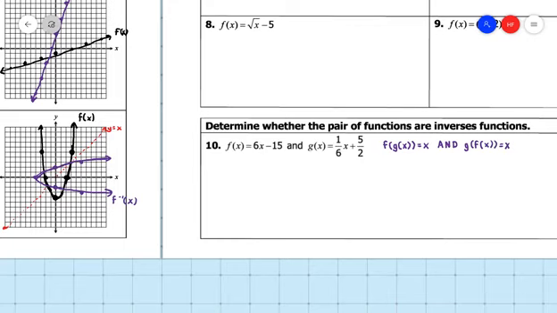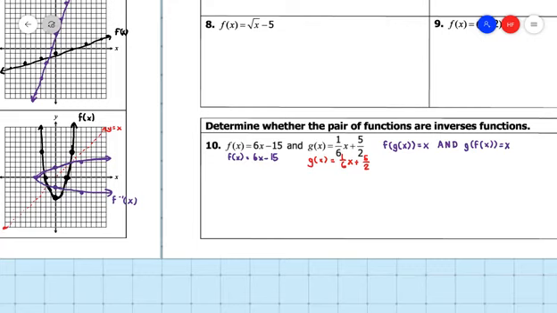So what I'm going to do is I'm going to color code. So my f of x will be purple, and my g of x I'm going to write in red, just so we can see when we are replacing those variables. So with the first one, f of g of x, we need to replace inside f of x, g of x.